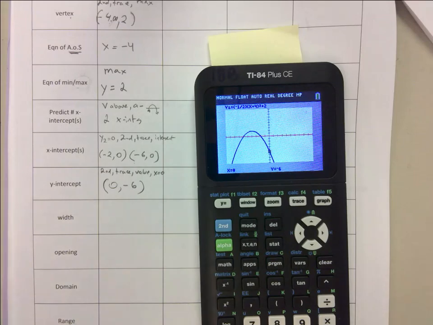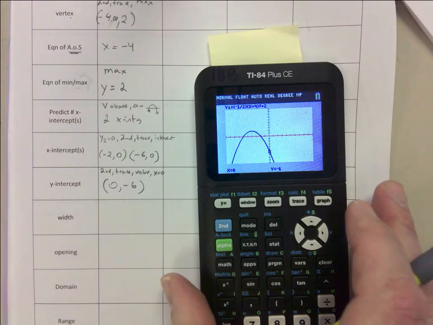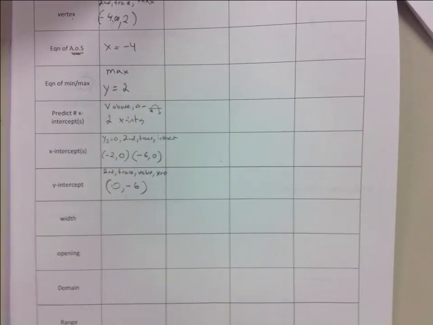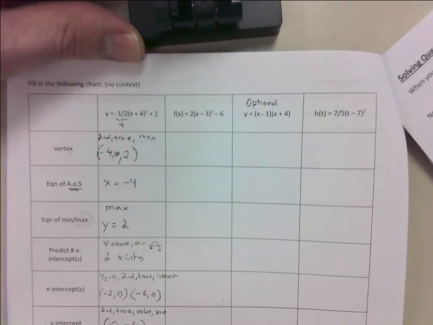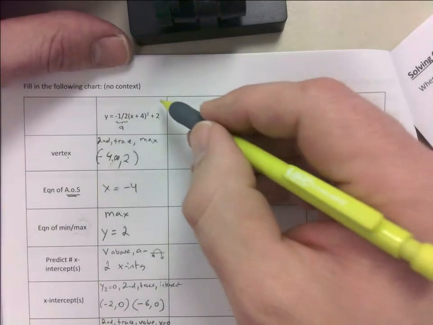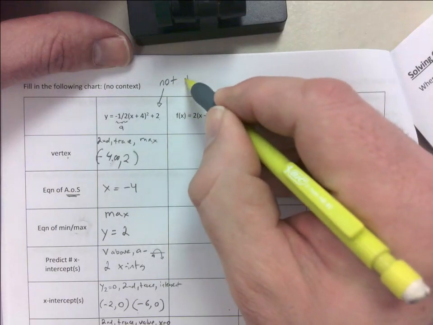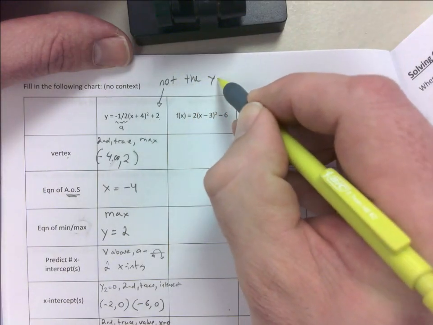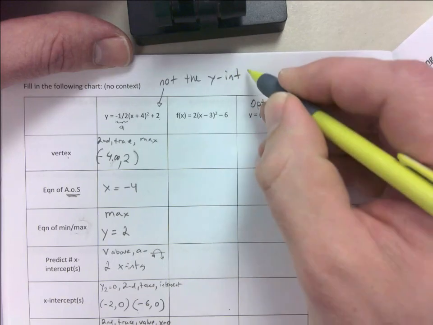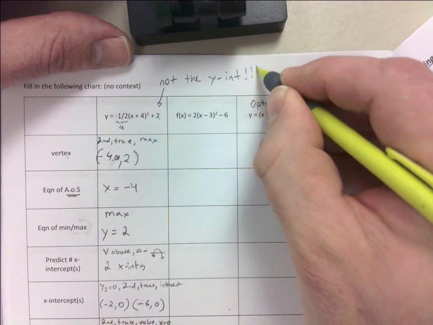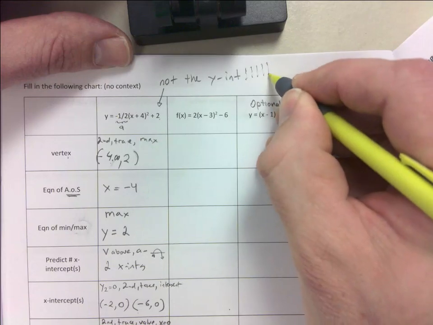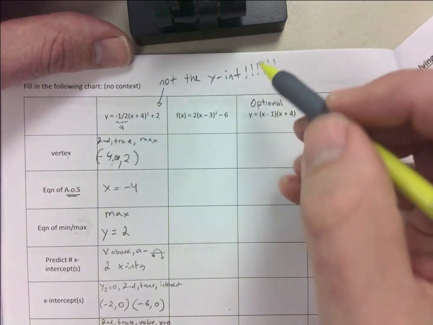I so want to make sure you understand this. I'm going to go up here in these examples and write "not the y-intercept" and a few exclamation marks. Just a few. Okay.